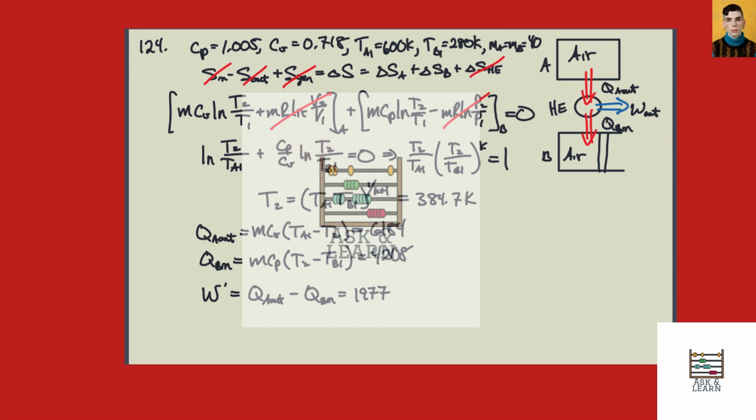We can move this over here, take the exponential of both sides, play some games with the math, and we wind up with an equation that looks like this: T2 over TA1 times T2 over TB1 to the K equals 1.